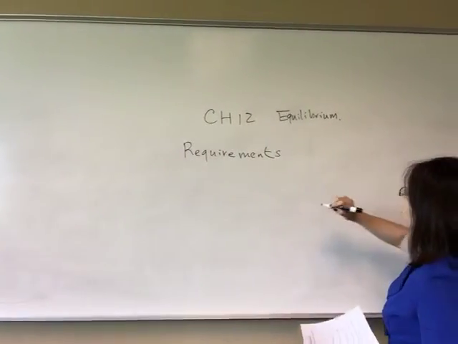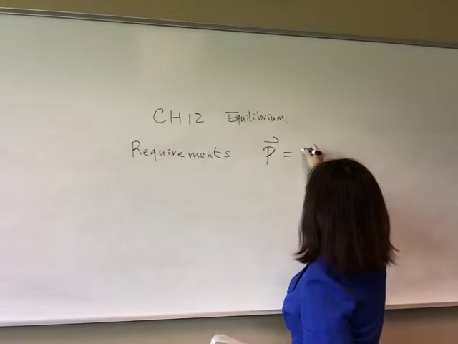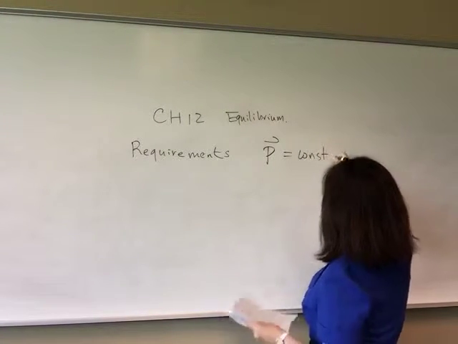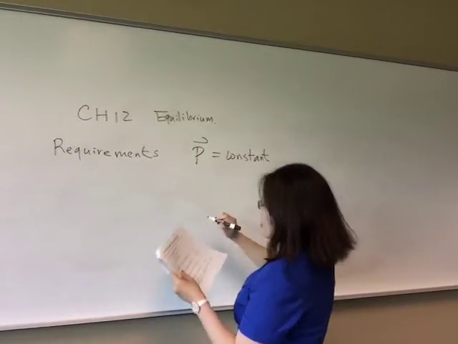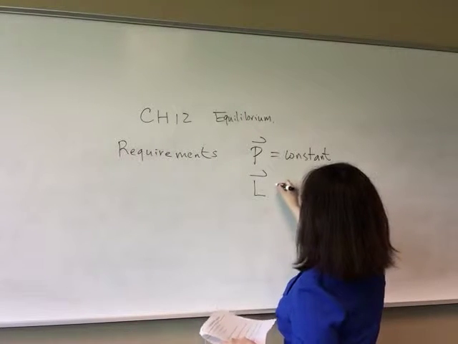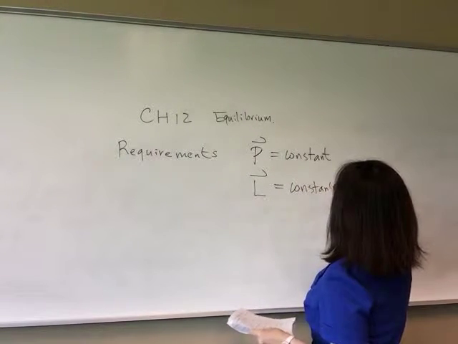And what we found is that the requirement would be that linear momentum has to be a constant, okay? And also the angular momentum has to be a constant. And you can see that I use the vector sign.